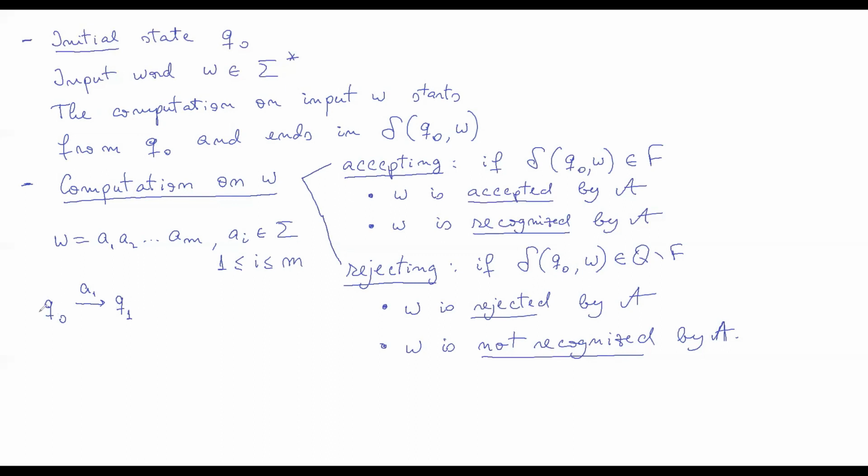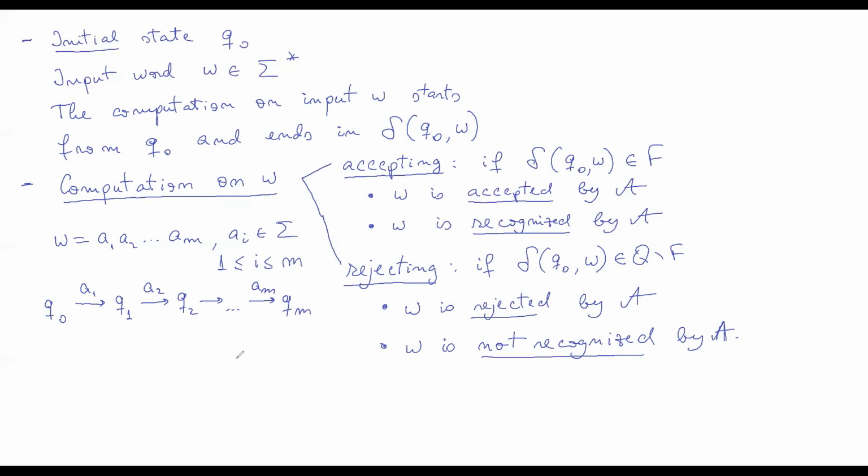This Q1 could be Q0, depending on what your delta function is, but it could also be a different state. And then you read the next letter, and that's going to bring you to another state, Q2, and so on. In the end, you read the last letter, AM, and that takes you to a state QM.